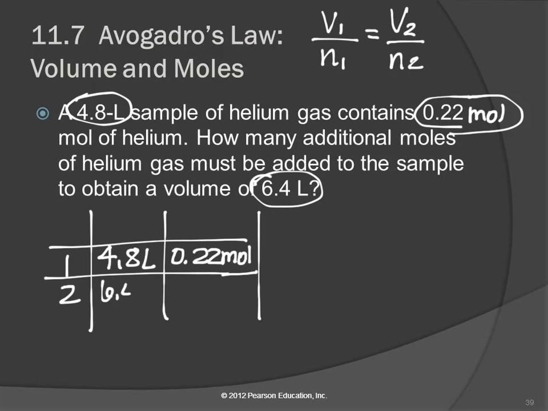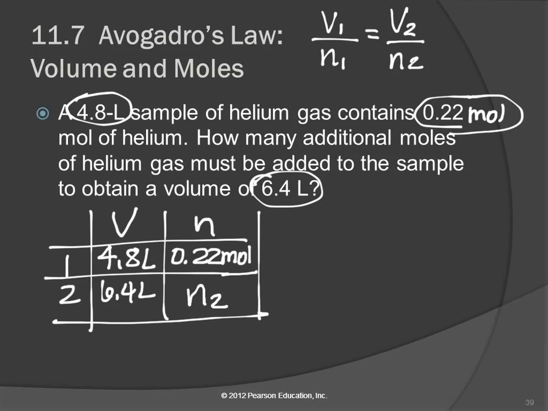So we'll put that in here, 6.4 liters. This is volume, and this is N, N for number of moles. And what can we solve using this table in that equation? What can we find? We can find N2.